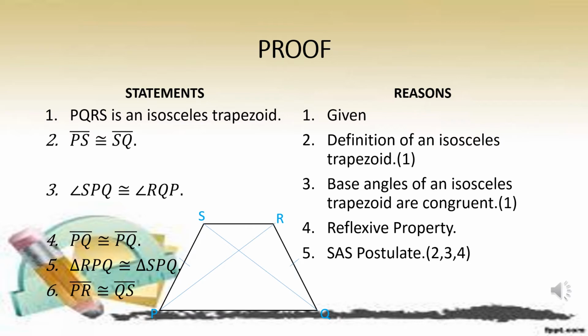Last statement, segment PR is congruent to segment QS, and that is the CPCTC, or again, corresponding parts of congruent triangles are congruent. Take note that you can only use the CPCTC if we already proved that two triangles are congruent.